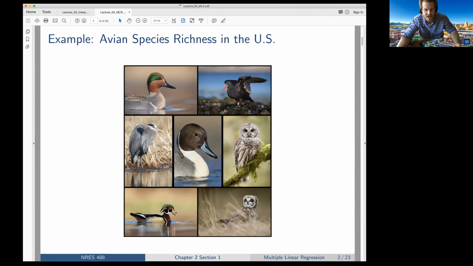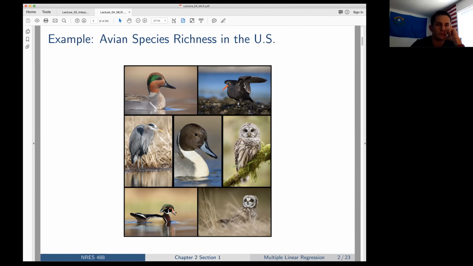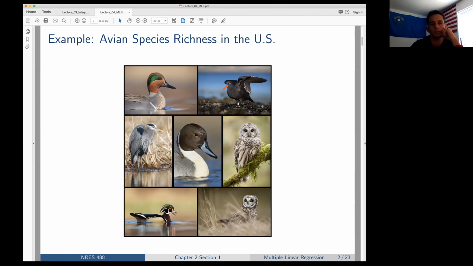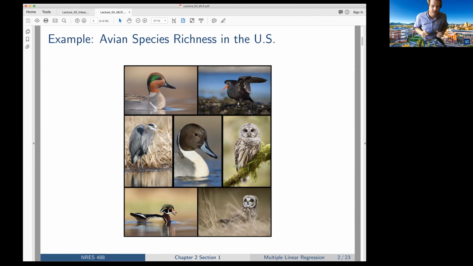Okay, it was James. All right, how about the top right? What do we have? This one's a little more challenging. Is that a black oystercatcher? That's right. Is that Richard? Yeah. Okay, yep, black oystercatcher. How about middle left? Blue heron? Yep, GBH, great blue heron. And in the middle? Northern pintail. Yep, northern pintail.